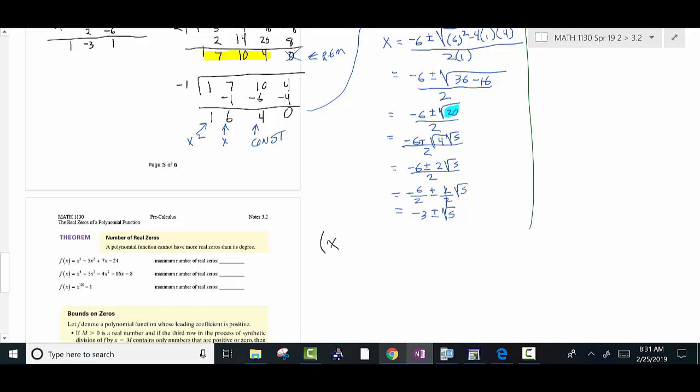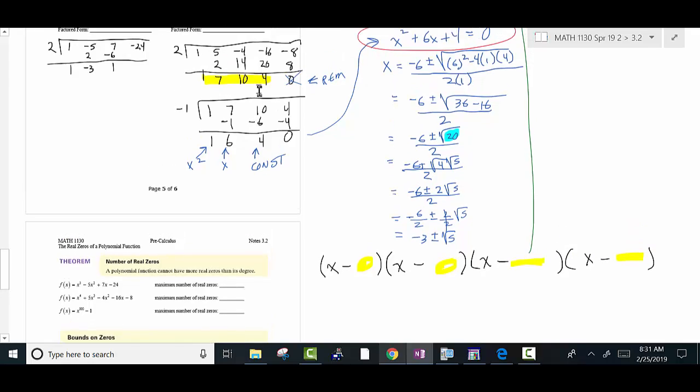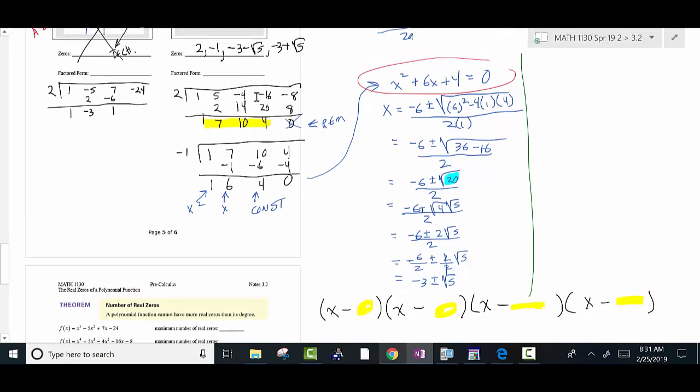When you do a factored form, we have 4 zeros. You have to plug in those zeros that we have. The zeros are going to go here, and it's always minus whatever the zeros are. Let me go back up to where my zeros were. This is what I had.